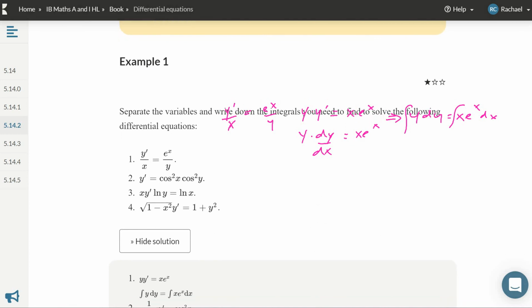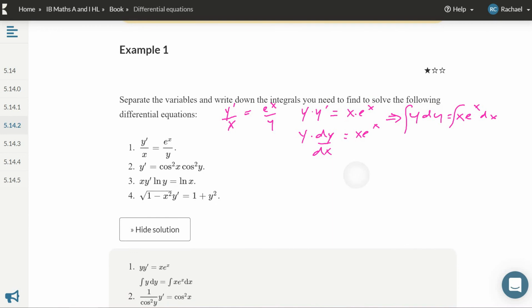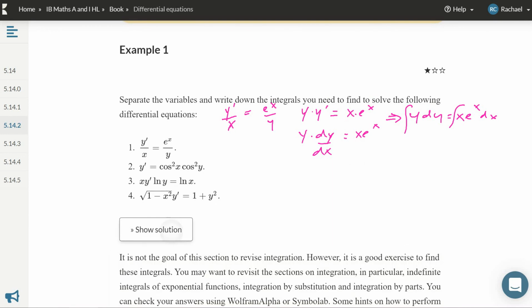So for that one, that's the solution for that. For the first one, I'm just going to rewrite y prime as dy dx equals cosine squared x times cosine squared y.